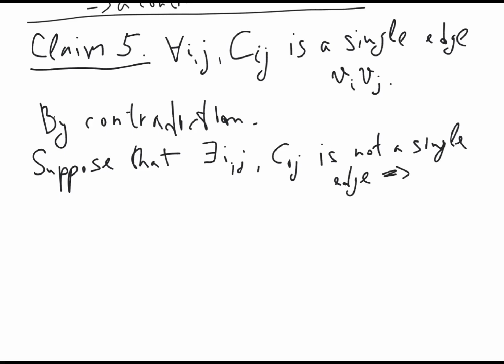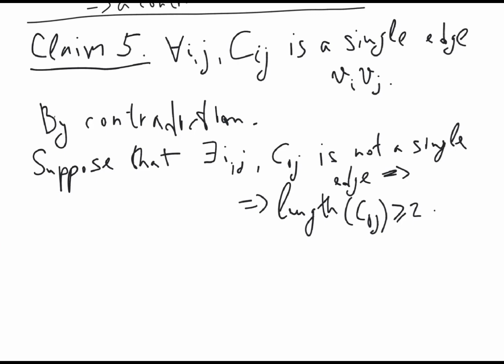So therefore the length of Cij is at least 2 edges on this path.